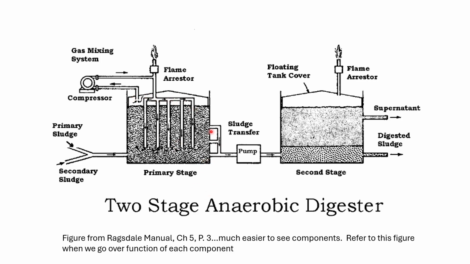And the sludge, we are pumping from the primary digester into the second stage of the anaerobic digester. Again, anaerobic, without oxygen. The sludge is digested, and what's happening is the sludge has let go of its captured water.